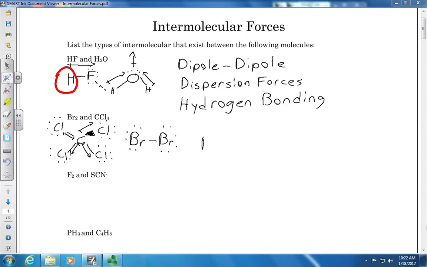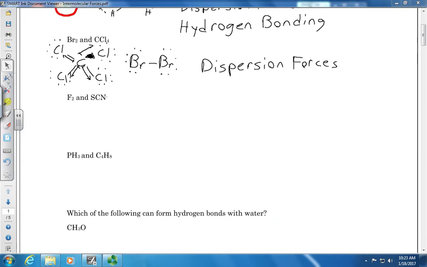So the only force that we're dealing with here are dispersion forces. And they can be things like induced dipole, also called van der Waals forces. They're known by multiple things, but for the purposes of this text, we're going to call them dispersion forces.